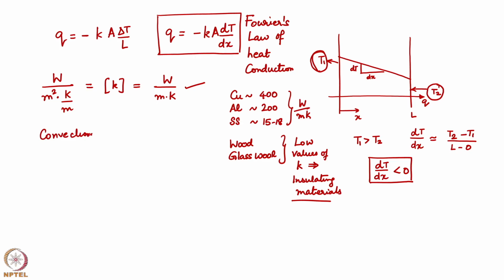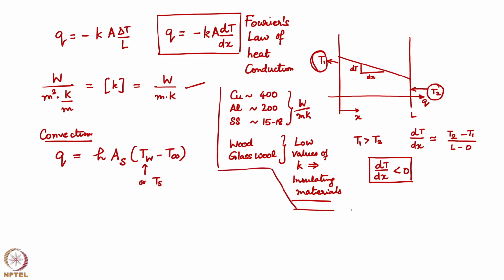Convection is typically given by Q is equal to h into surface area into T wall minus T infinity, where T wall is the surface temperature. What is this? This is called Newton's law of cooling. All of you would probably have done an experiment in the 11th or 12th standard where you heat something and allow it to cool. You heat a ball or a metal plate in a furnace and allow it to cool in air, note down the temperature at various instants of time, and plot temperature as a function of time to get something like this.